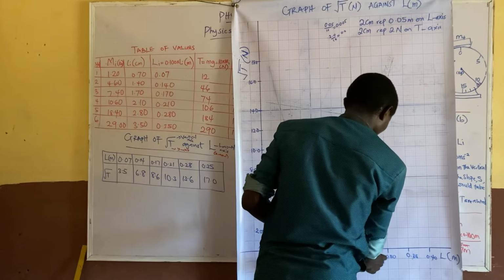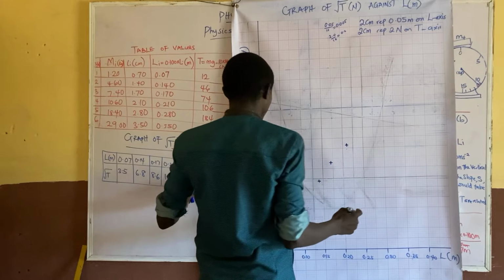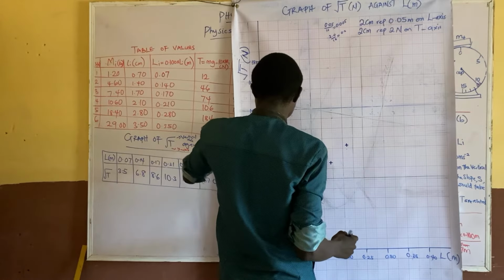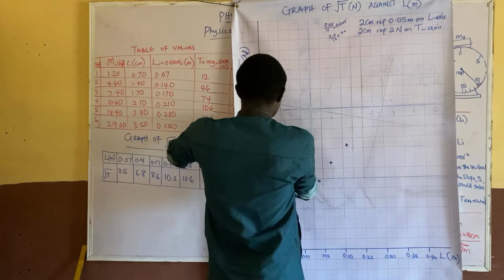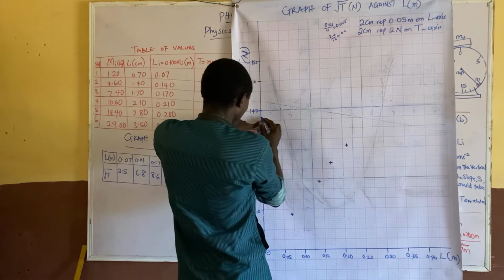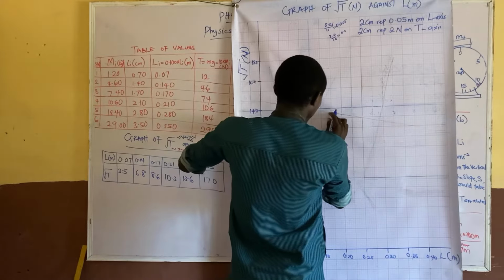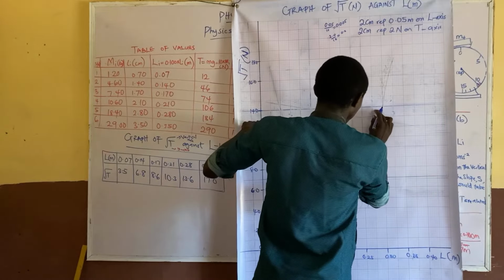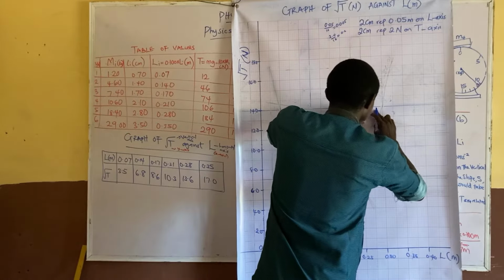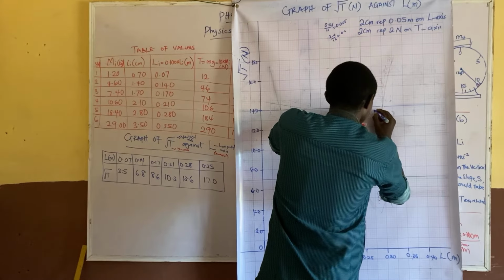So 0.28 against 13.6. This is 13, 13.2, 13.4, 13.6. This is 13.6. So we have our location here.